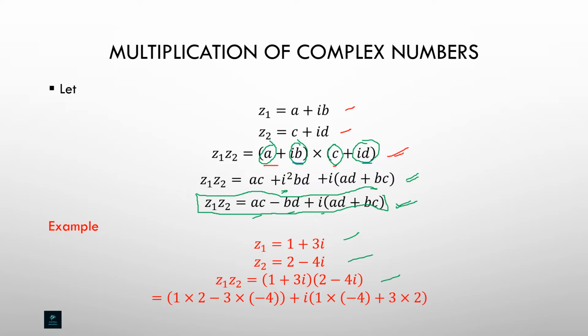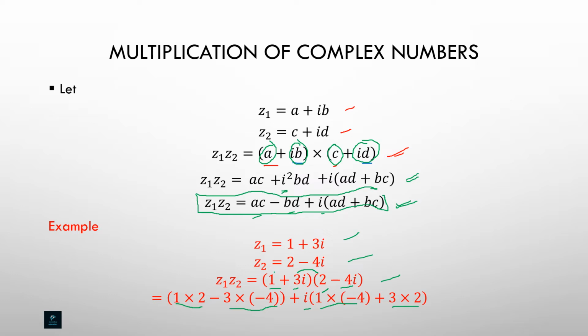This means that z1 into z2 is equal to the product of real components 1 into 2, plus minus the product of imaginary components, that is 3 into minus 4, plus i times the product of the real component 1 with the imaginary component minus 4, plus the product of the imaginary component of 1 to the real component of another, that is 3 into 2.